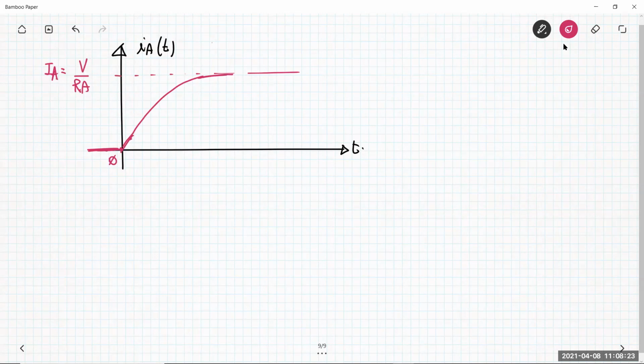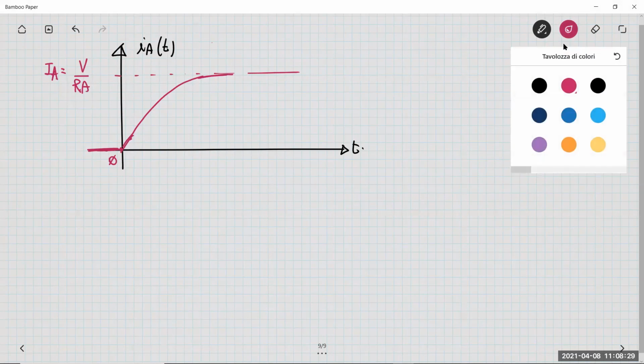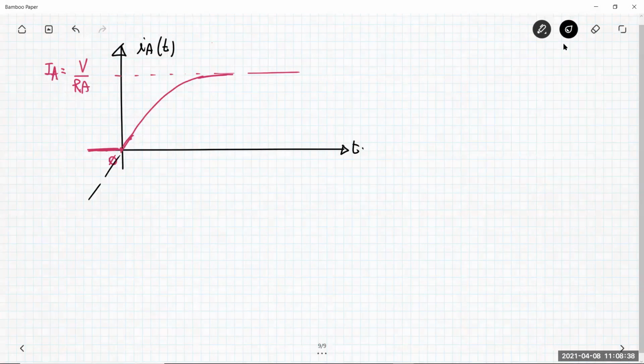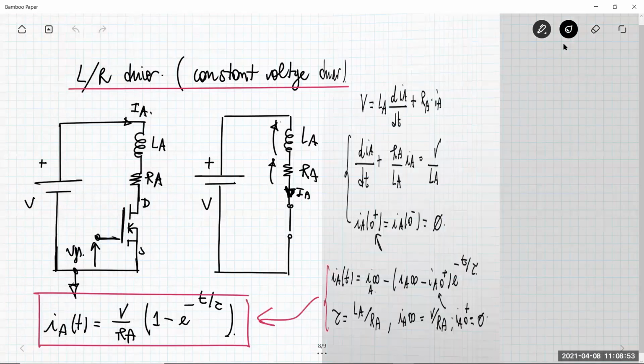How can we measure the rapidity of this current in reaching the static stationary value? Typically, this is done by looking at the slope at the origin, which means dIA over dt at t equal to 0. This is simply given by this equation.